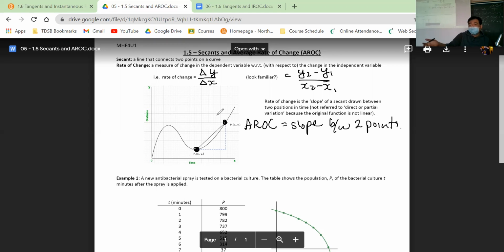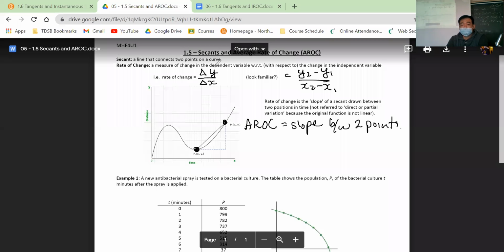So sometimes you are interested in the average, and this is how we do it. When we get to more detailed things and we want to know exactly how fast we're going, then we'll get to 1.6. So bear with me. Any questions so far before we start using this in question context?